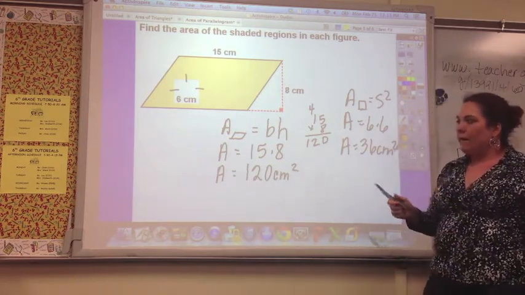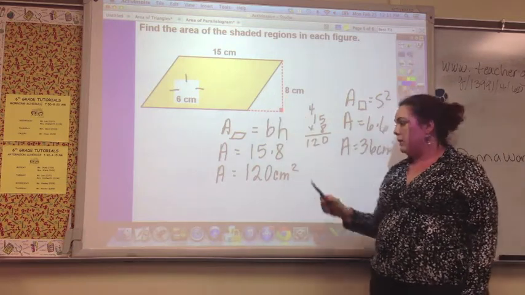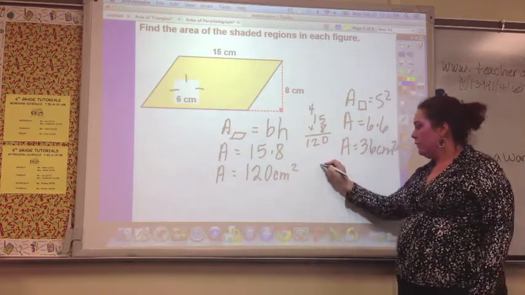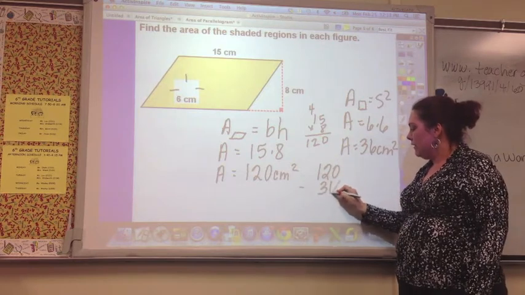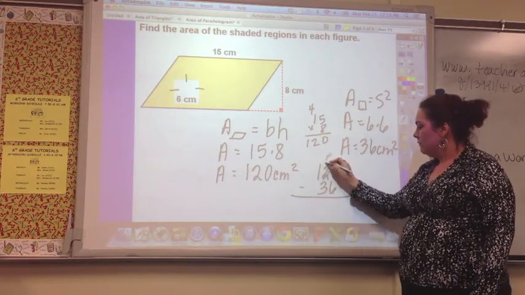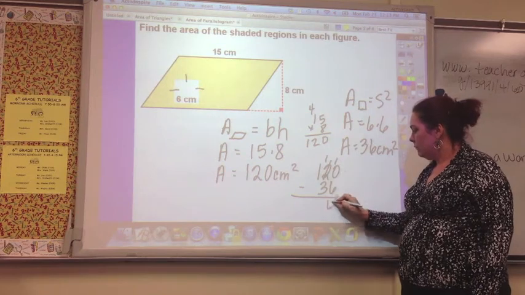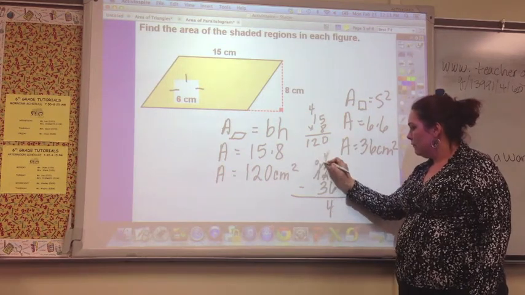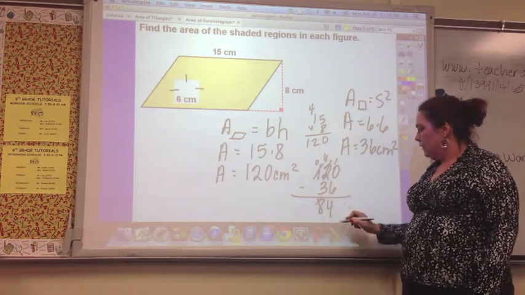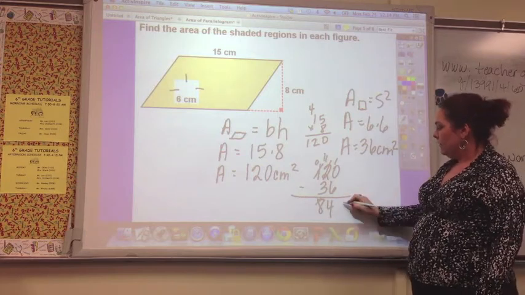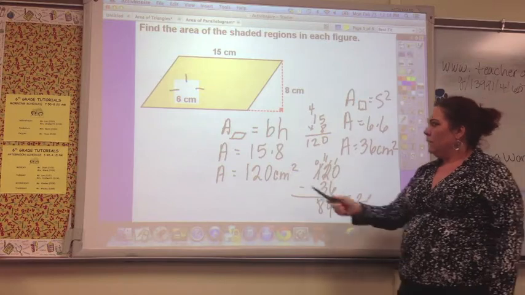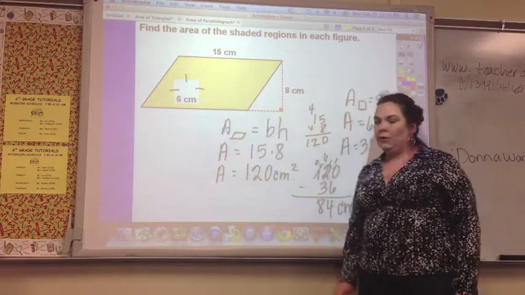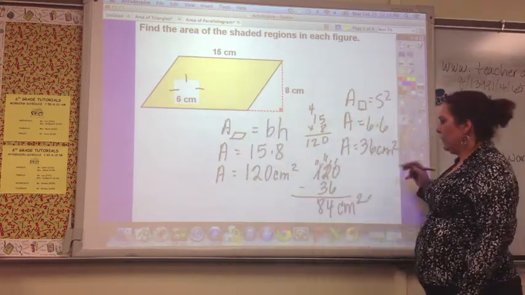The way that I find out how much the shaded region is, is to take the 120 and subtract 36. So it's 84 centimeters squared. The total minus this part is 84 centimeters squared.